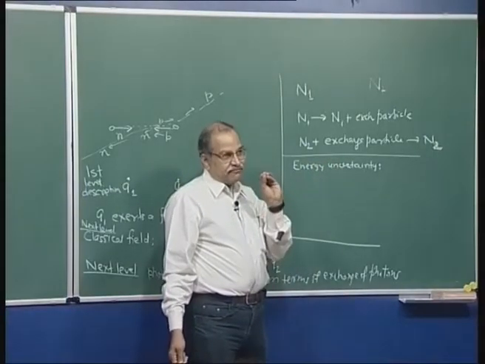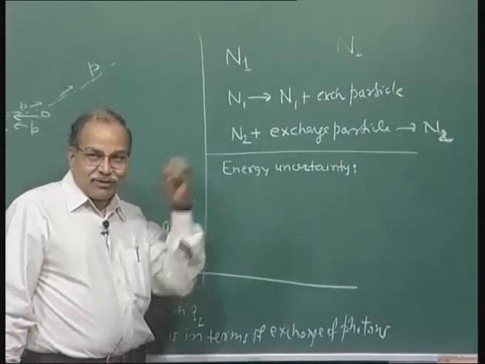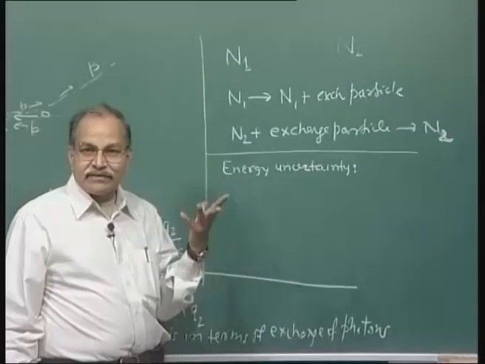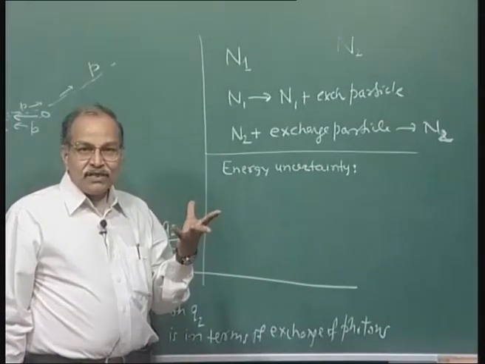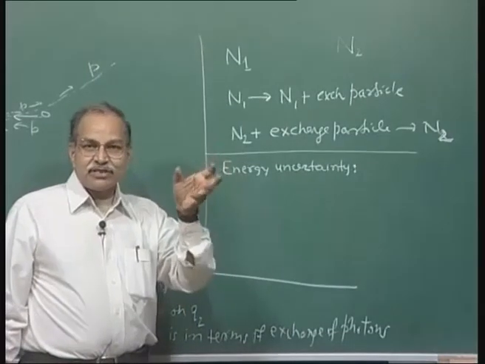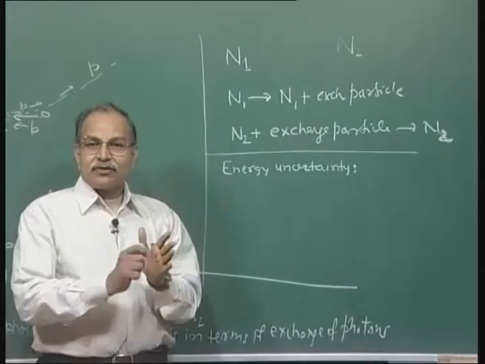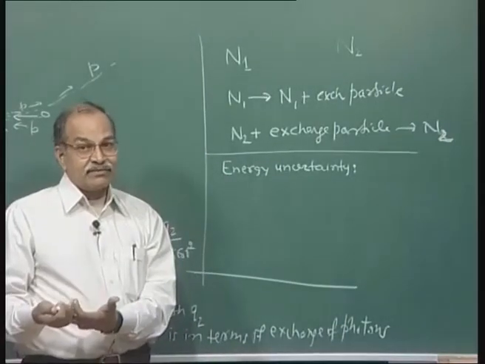First you have created a particle without taking energy from the nucleon. Nucleon is still nucleon, proton or neutron is still 938 MeV, and then you have created a particle, and then that energy, that mc square, that exchange particle rest mass energy, got absorbed into another nucleon, and still its energy did not increase.